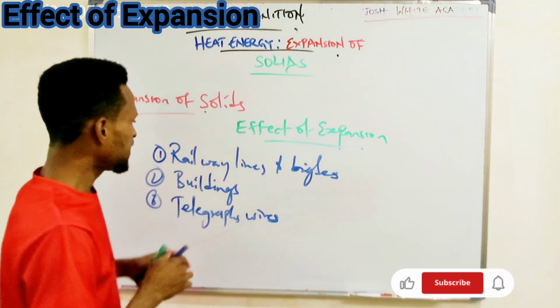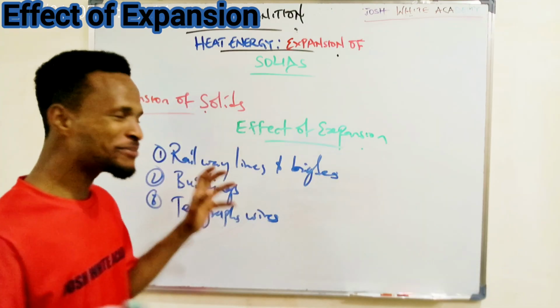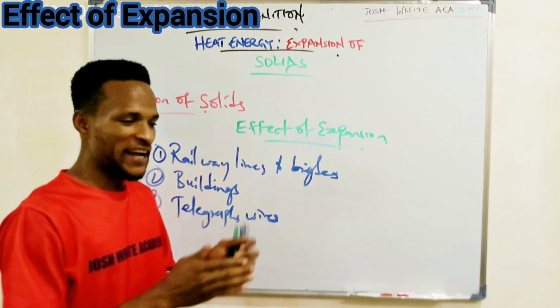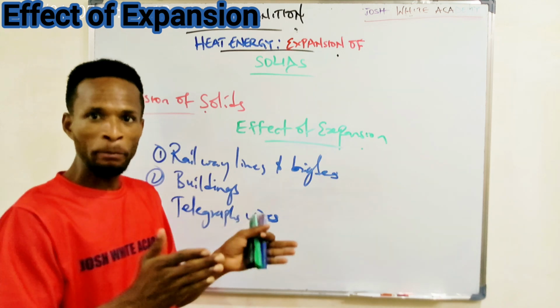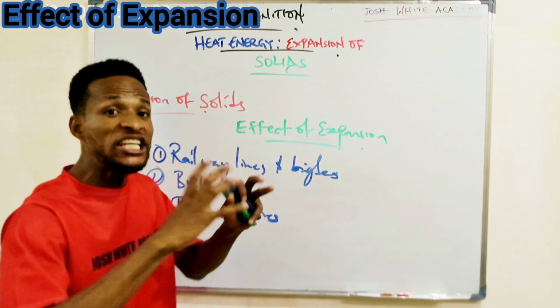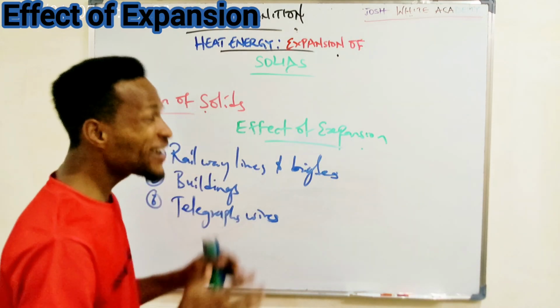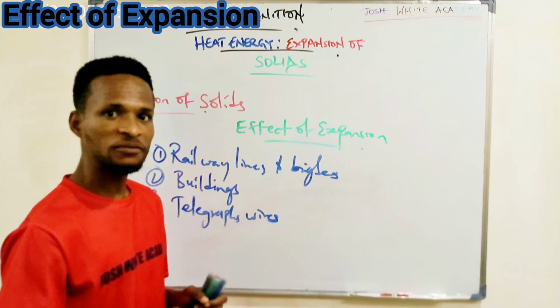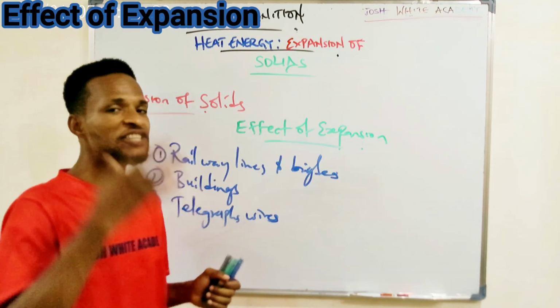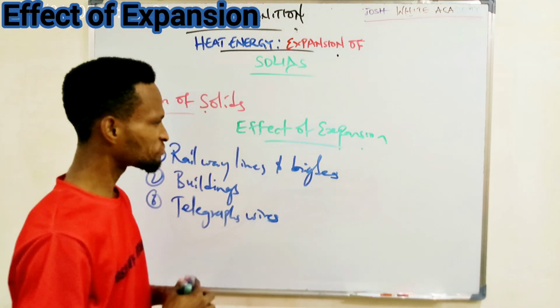Now, in railway lines and bridges, railways are always made in such a way that there are intermittent spaces between two parts to give space for expansion, because during the day when the sun is out, heat from the sun causes the metal to expand.